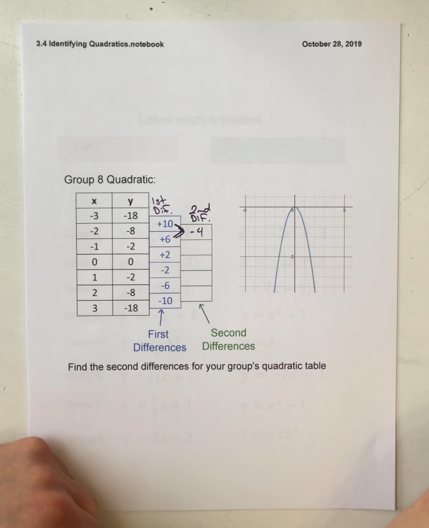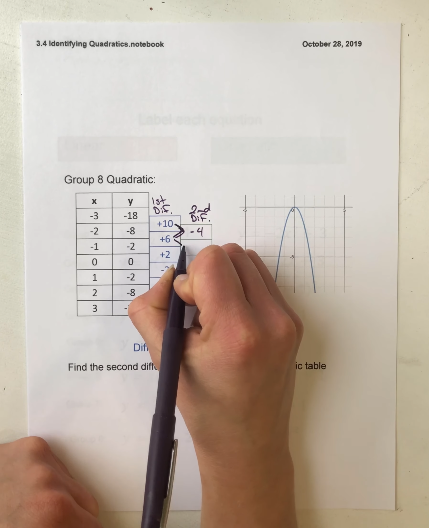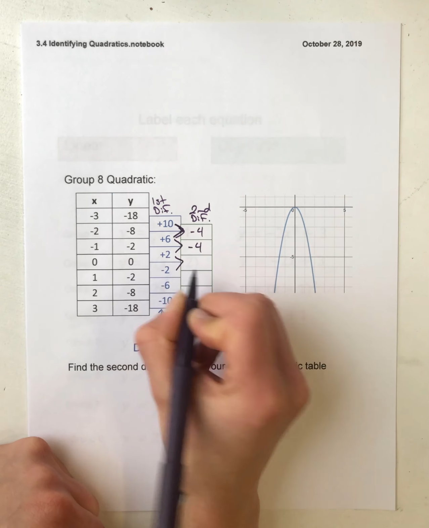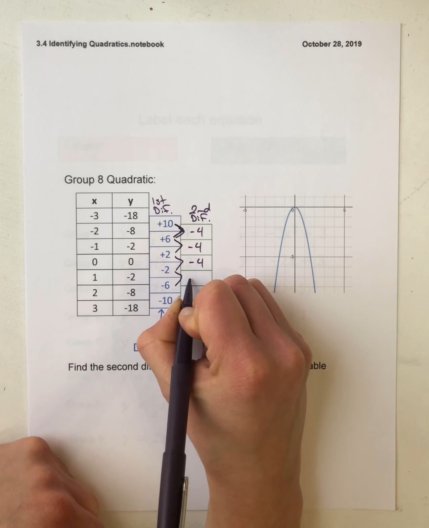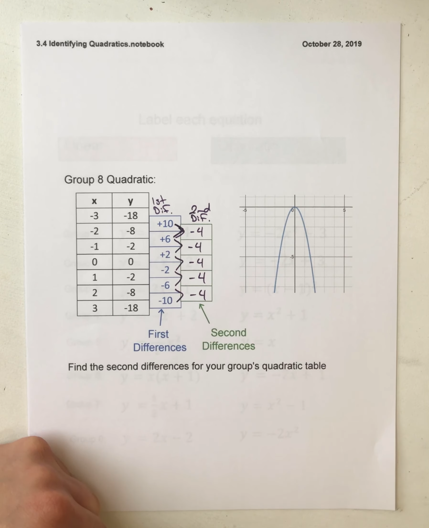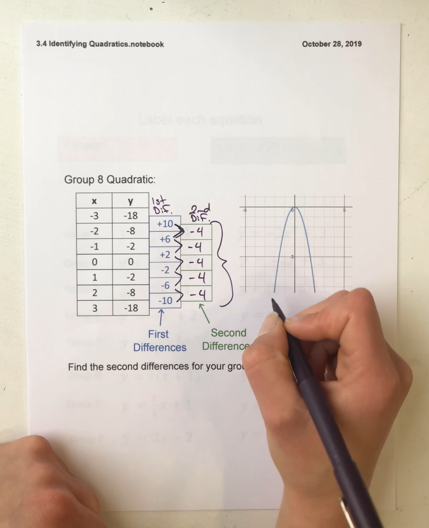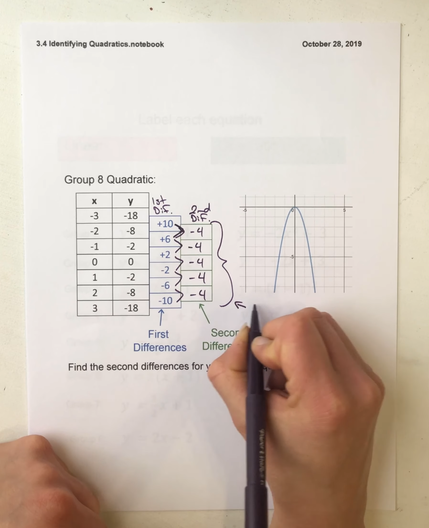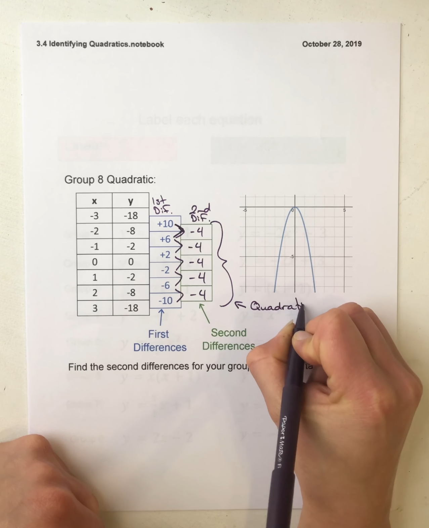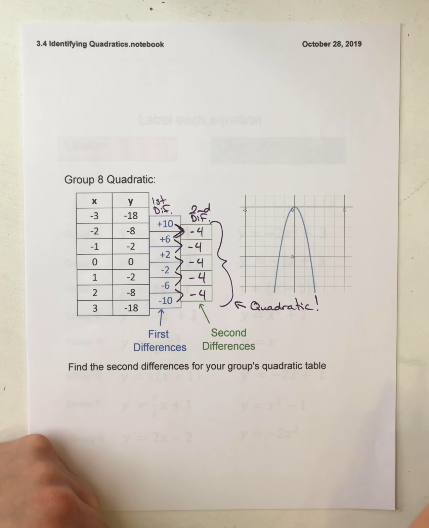So 10 minus 4 is 6. 6 minus what gives us 2? -4, -4. So if our second difference is the same, it means that we have a quadratic. And we have a parabola.